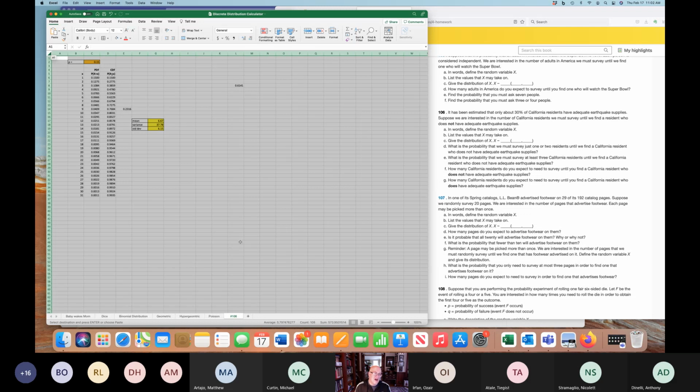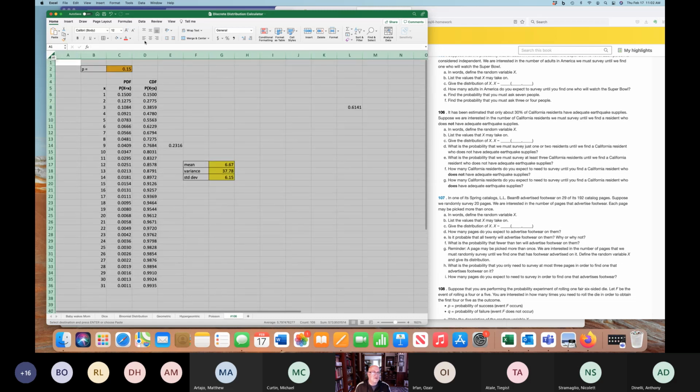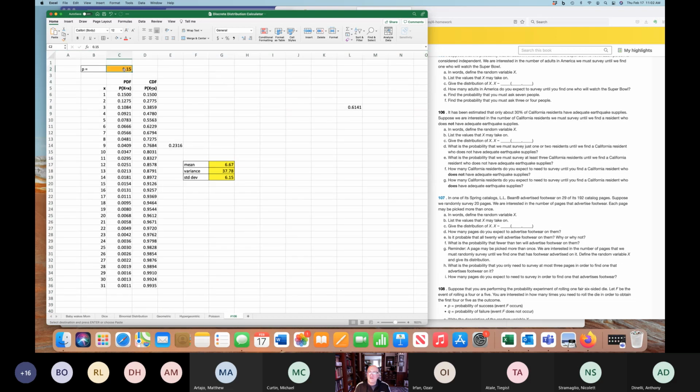I would just make a new file of the one I send you, your homework file. The first thing they said is 30%, so we're doing a geometric with 0.3.